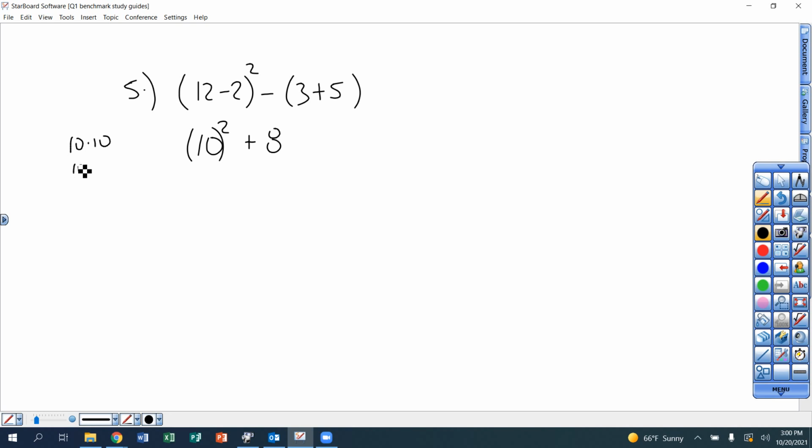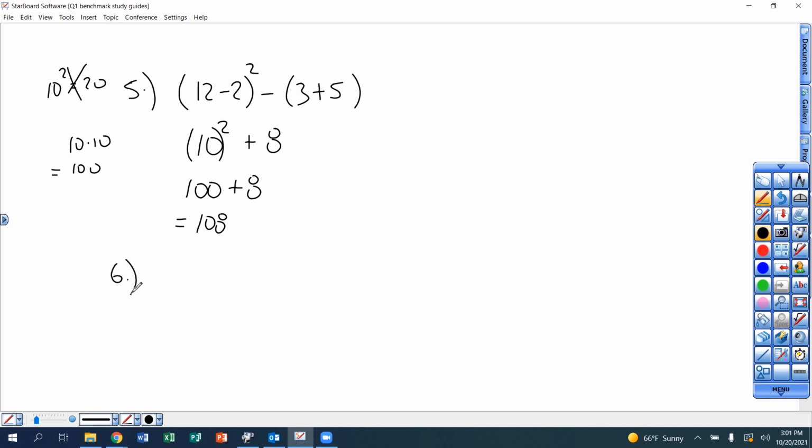Never would that give you 20. Never multiply the base times the power. If you do 10 squared and you get 20, worst thing you could do. Don't want to do that. That's 10 times 10, 100. And then plus that 8 gives me 108. Third word is gray. Gray is the third word, gray.